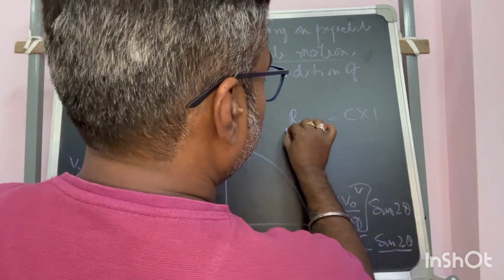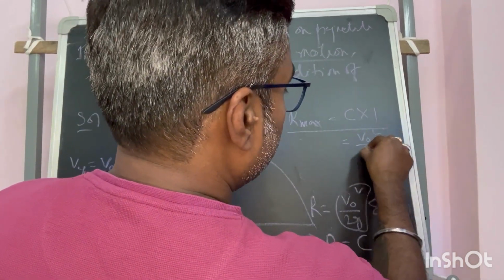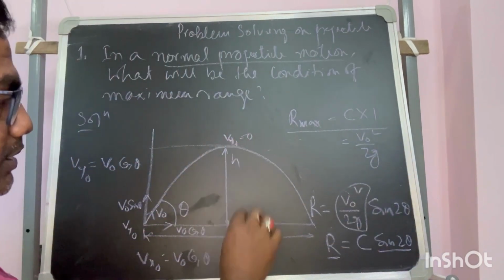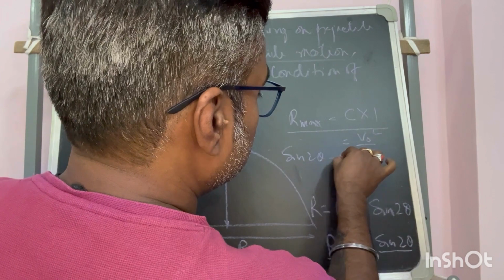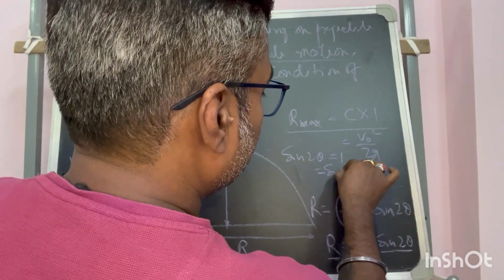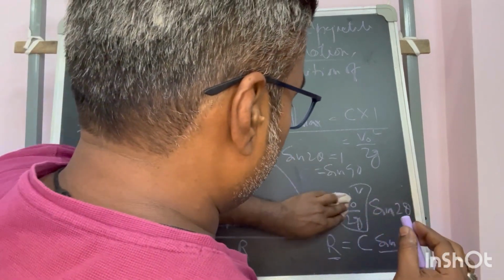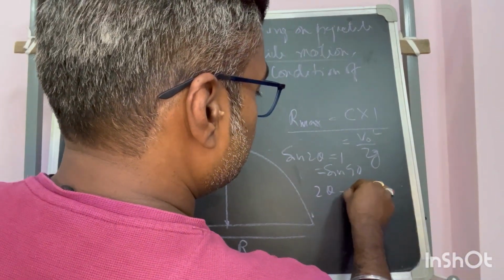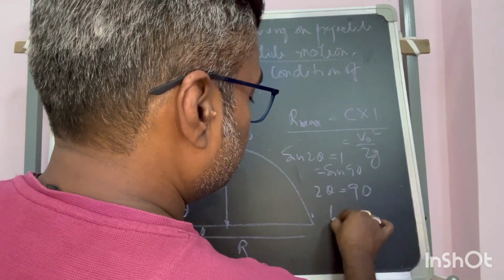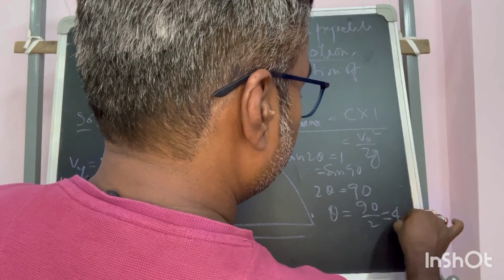So the maximum value will be the constant, v0 square by 2g. But what is the condition? The condition is that sine 2 theta is equal to 1, that means sine of 90 degrees, because sine 90 is equal to 1. From there we can write 2 theta is equal to 90 degrees, and theta is equal to 90 upon 2, that is equal to 45 degrees.